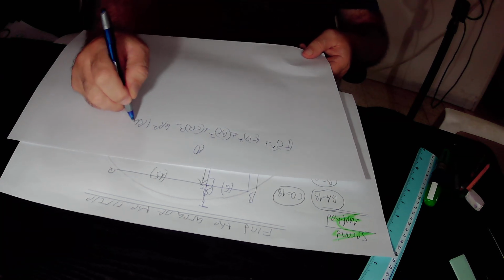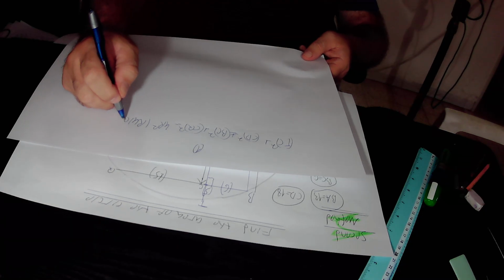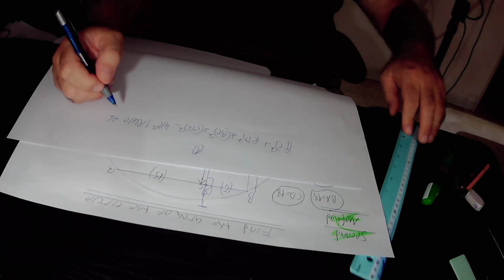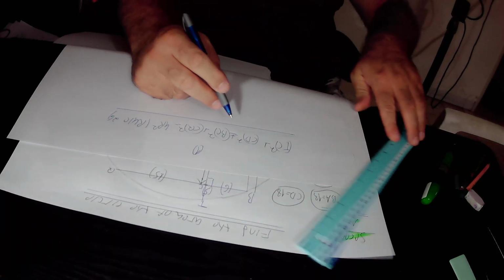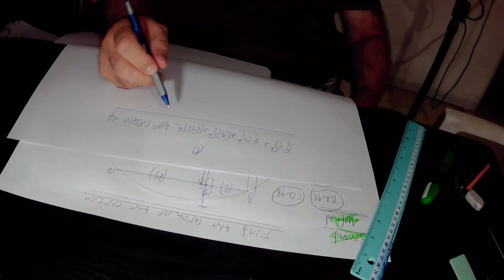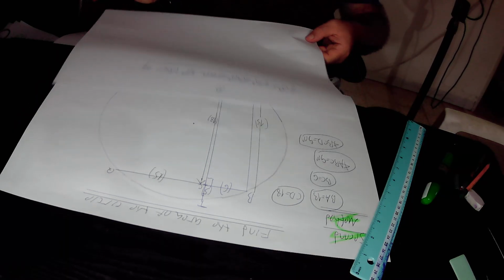This is according to rule 26. And again, according to rule 26, TC squared plus CD squared plus BC squared plus CQ squared equals 4R squared.